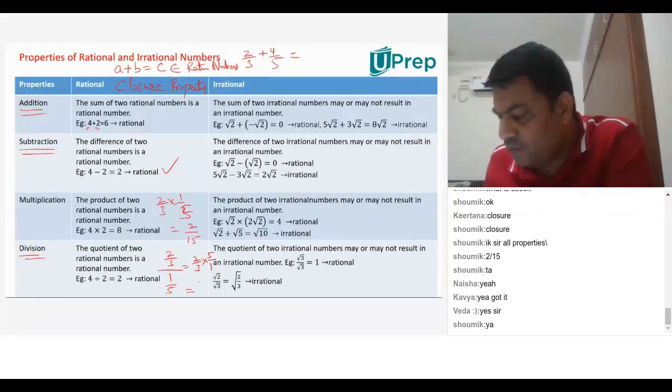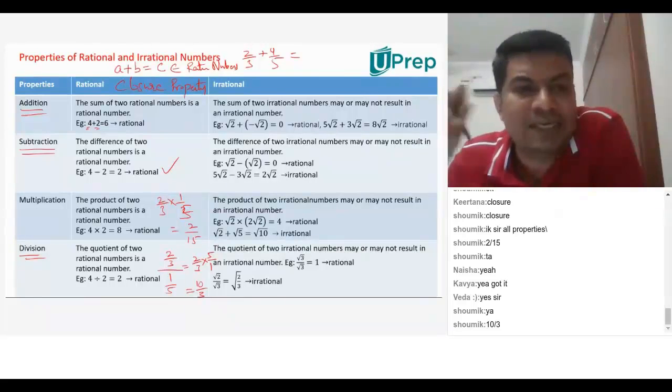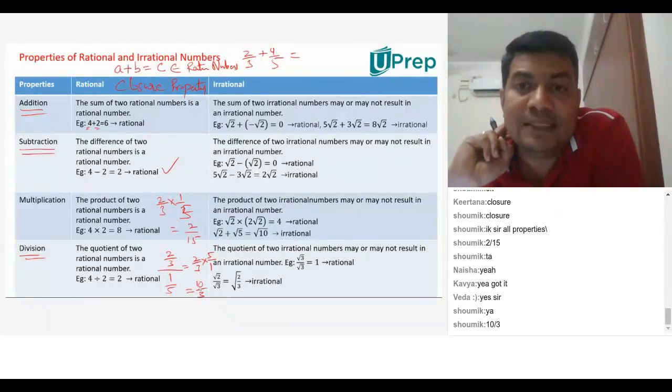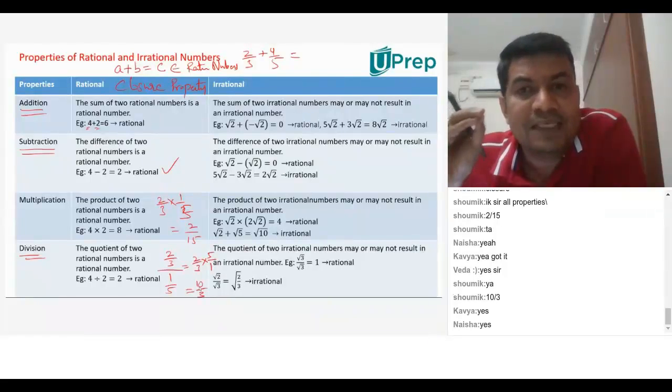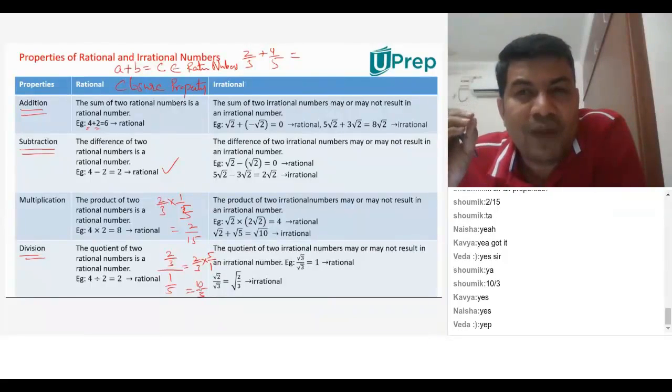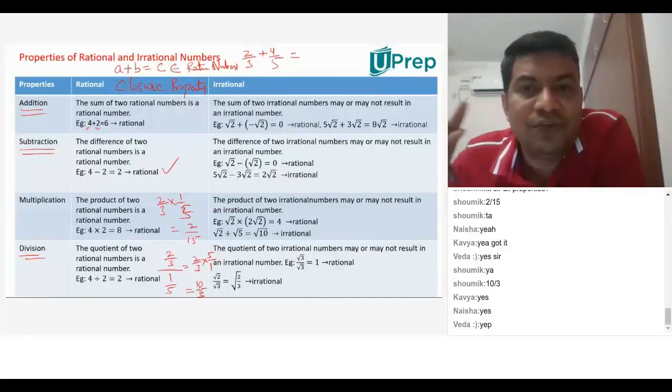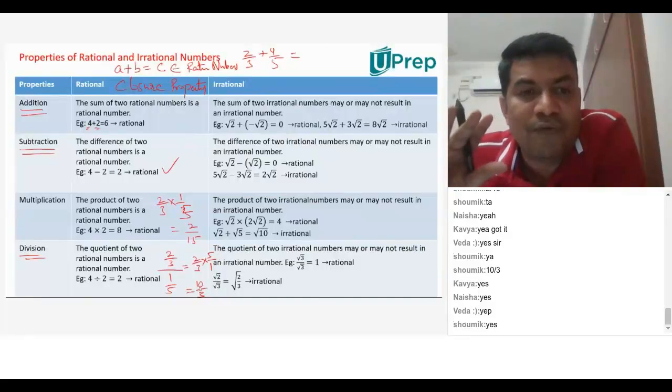So that becomes 2 fives are 10 divided by 3. Once again, 10 divided by 3. Is it a rational number? Yes, it's a rational number. So you can see rational numbers satisfy closure property for addition, subtraction, multiplication as well as division. That's the beauty of rational numbers.